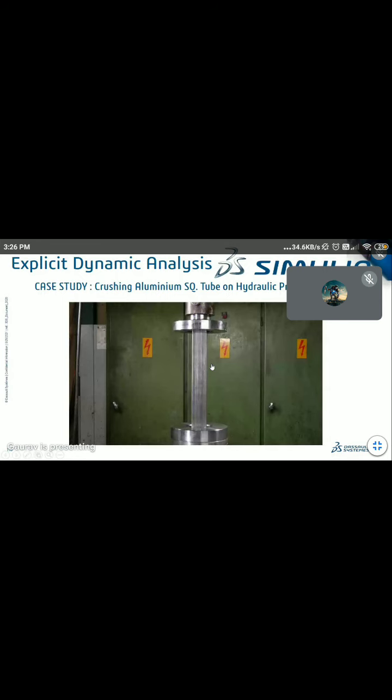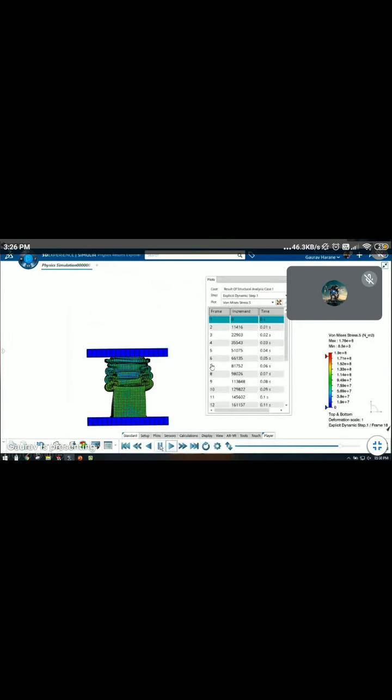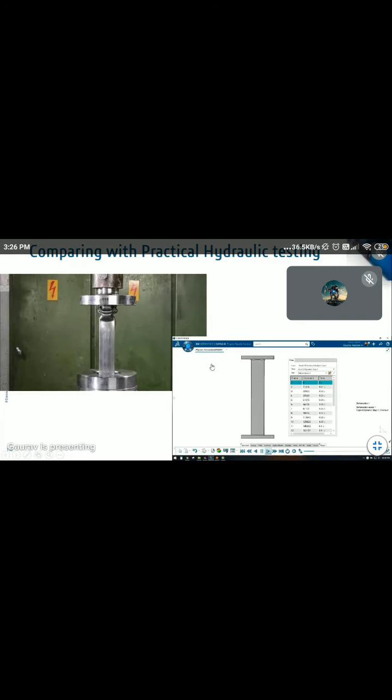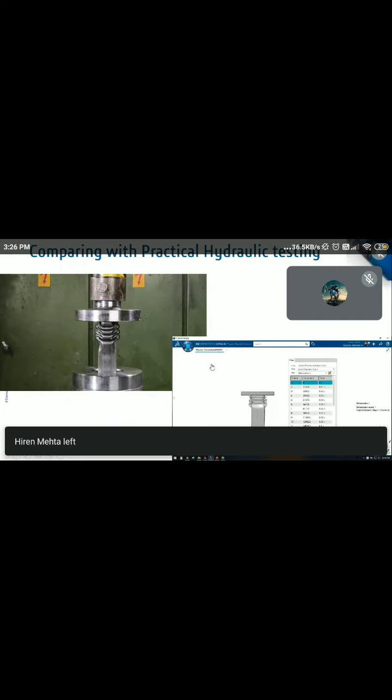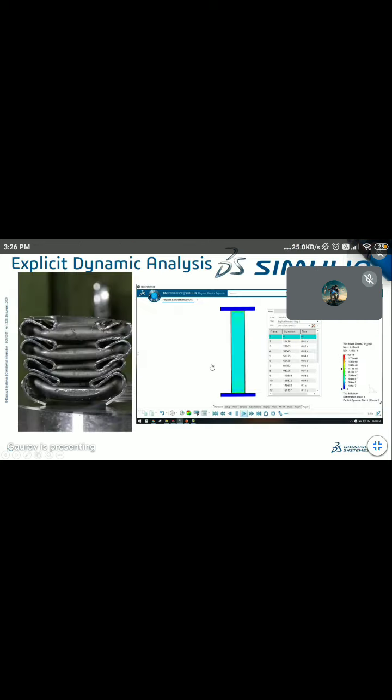The same goes with high-end explicit dynamic analysis, like if you want to do crush analysis of any model, like crushing an aluminum tube. So this is my practical testing, and this is the analysis that I did in the Simulia tool, correct?